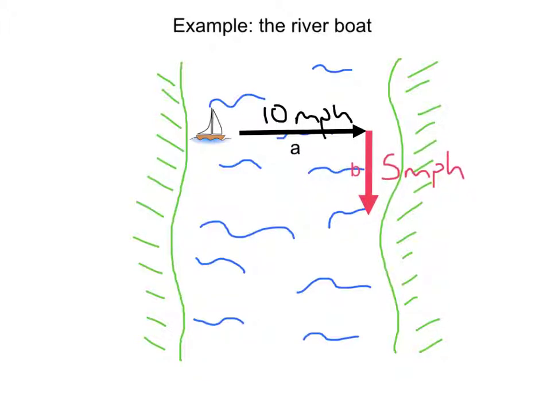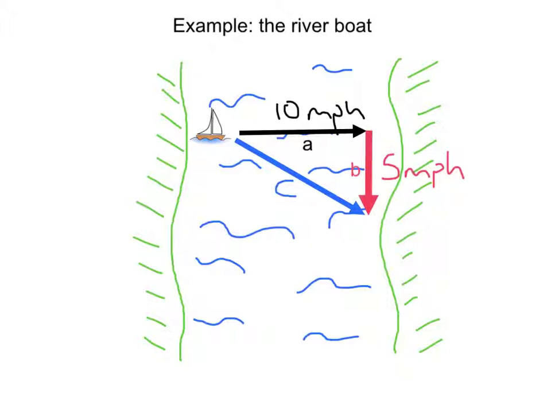So we have vector A connected to vector B. So the velocity vector of the riverboat starts at A and finishes at the tip of B, and we call this the resultant vector, and we'll call this C. And C will be the direction and speed which the boat will travel across the river.